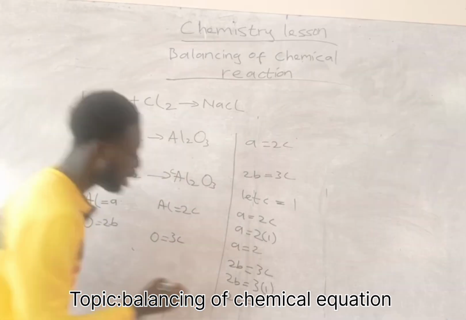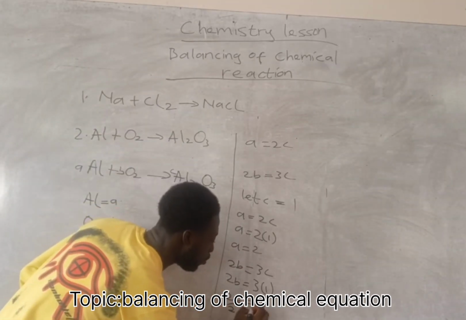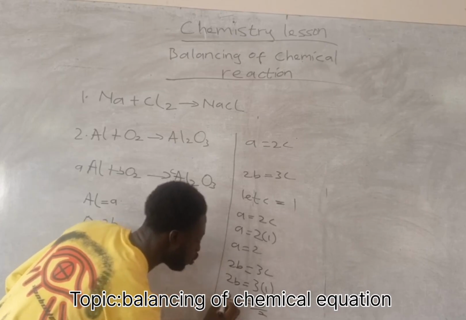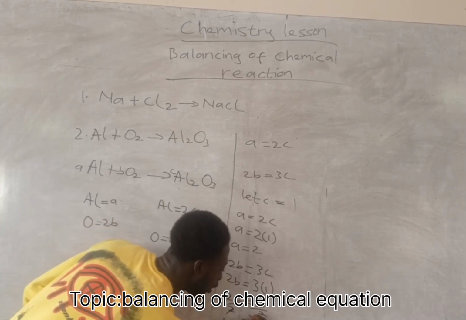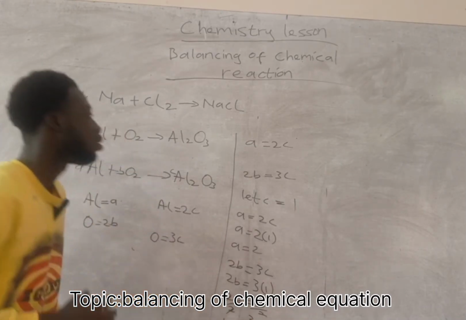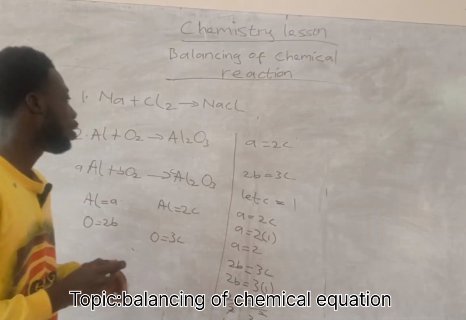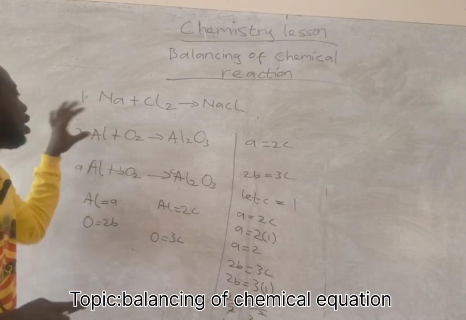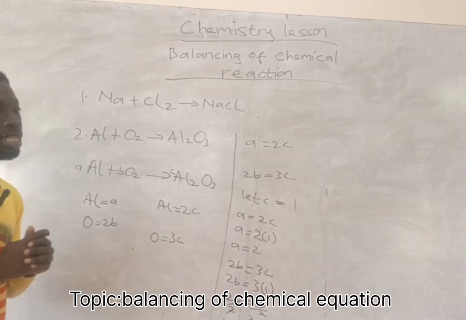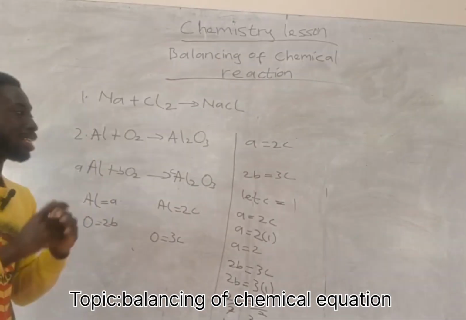Is that clear? Then you divide both sides by 2. So 2 will cancel 2. Then our B is equal to 3 over 2. Is that clear? All right. So we are going to put it into the equation, then we check if it is balanced.